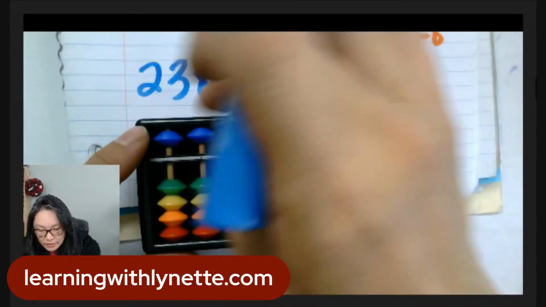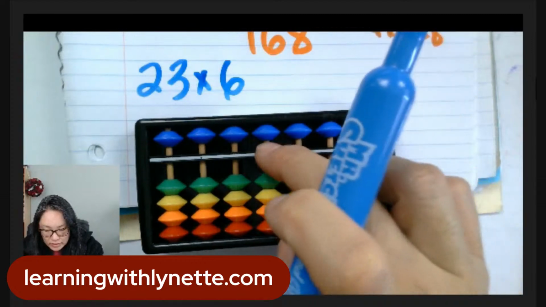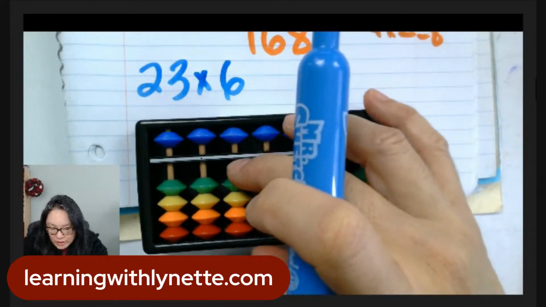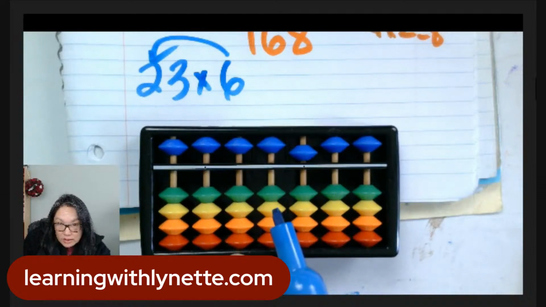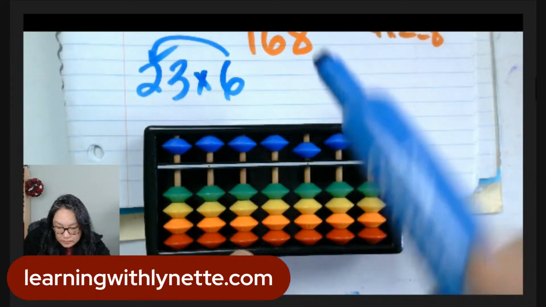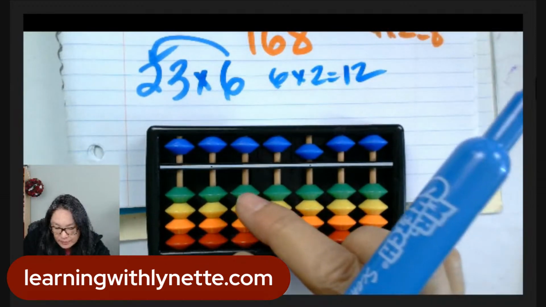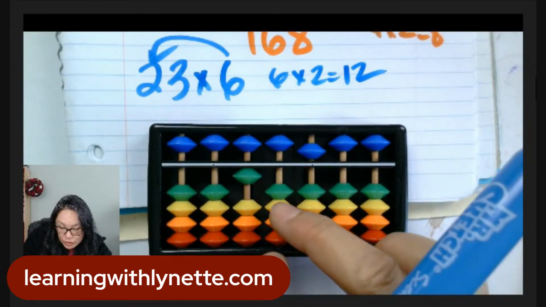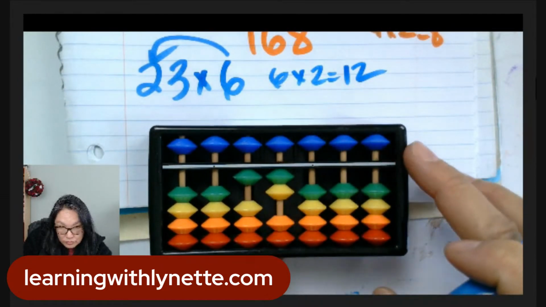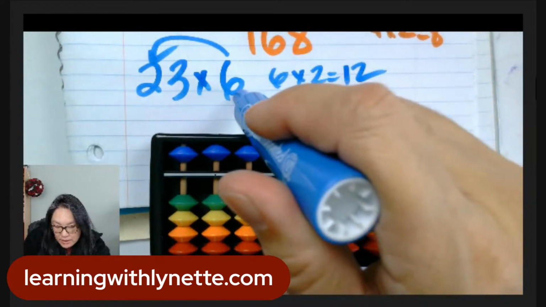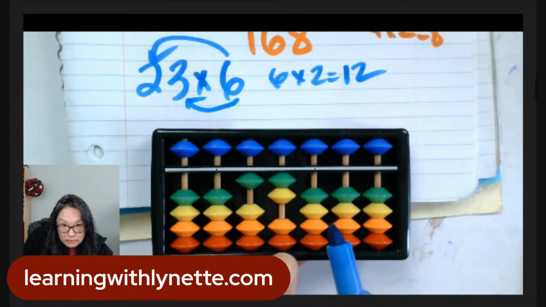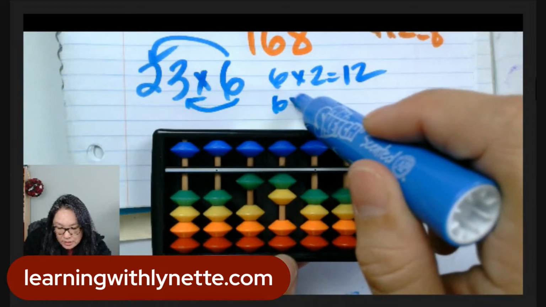The first thing we're going to do is say 1, 2, 3. We know that. So first, 6 times 2. 6 times 2 is equal to 12. I had my 1. I had 2. 6 times 3 is 18.